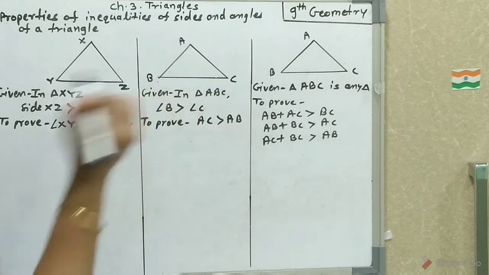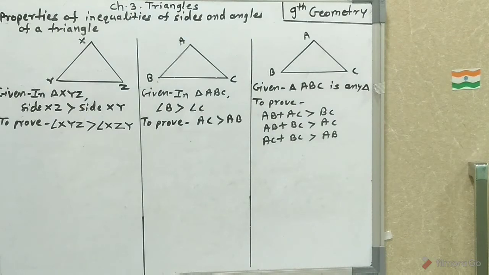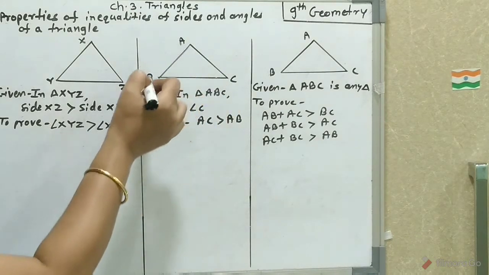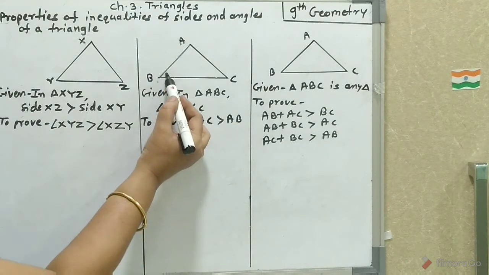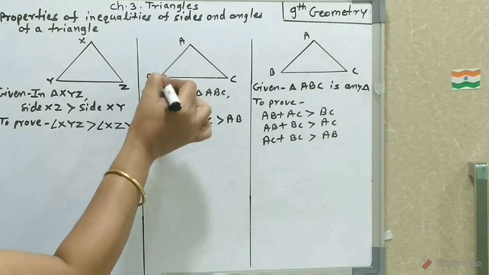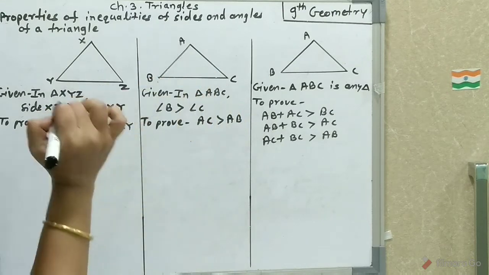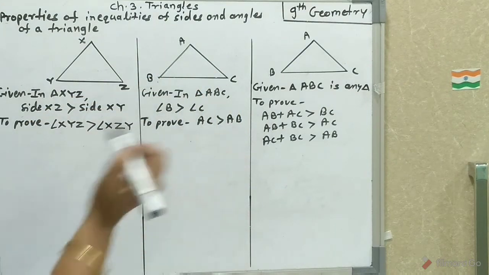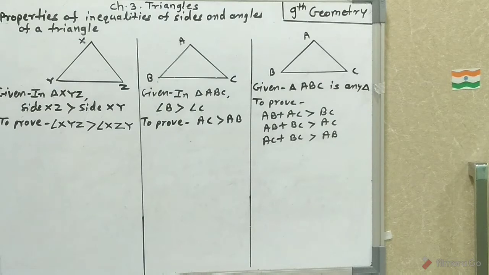The opposite side of angle B is AC and the opposite side of angle C is AB. This is the greater angle, so this side is also greater. This is the smaller angle, so this side is smaller. So AC is greater than AB. When two angles are unequal, the side opposite the greater angle is greater and the side opposite the smaller angle is smaller. So this is the converse of the first theorem.